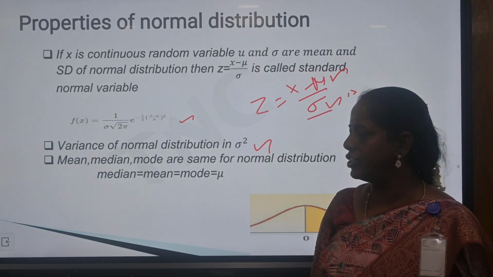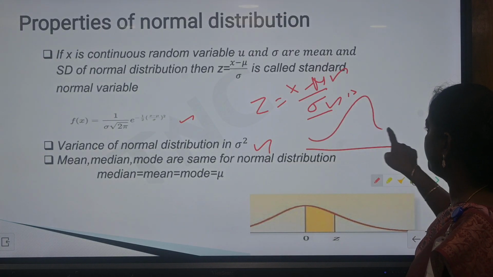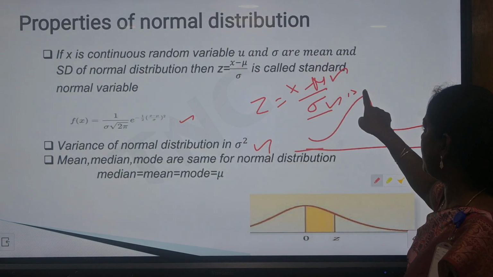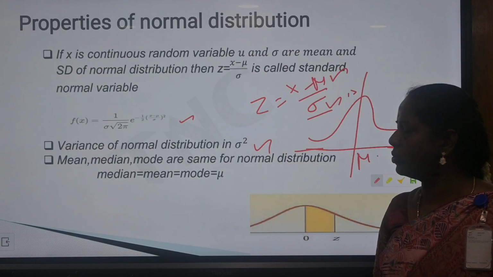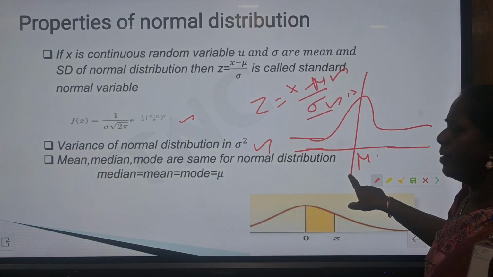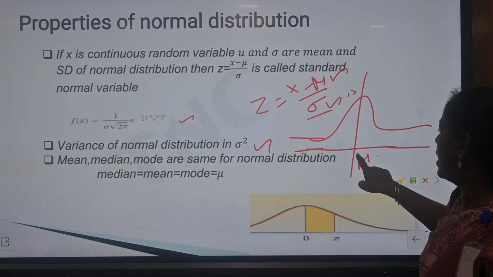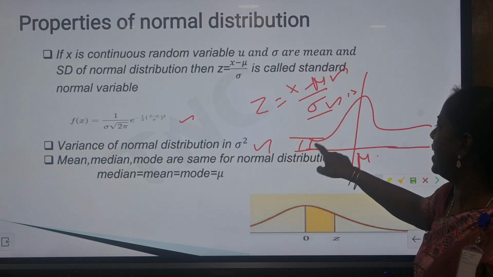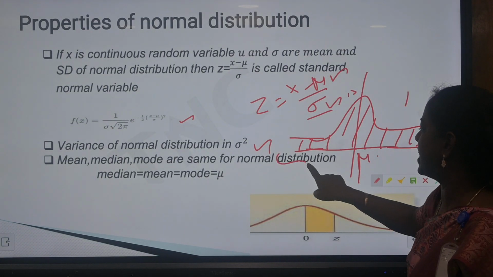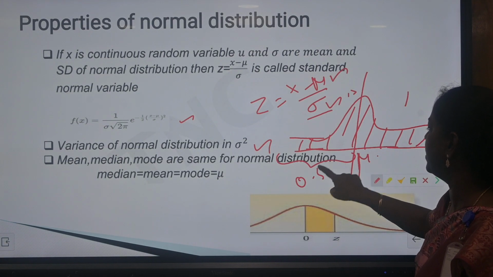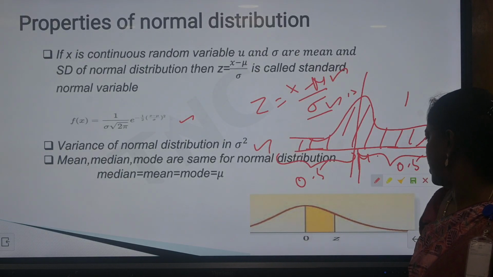For this normal distribution, the graphical representation is a bell-shaped curve, and the mean, median, and mode are the same. These three values lie on the same line, and that value is mu.